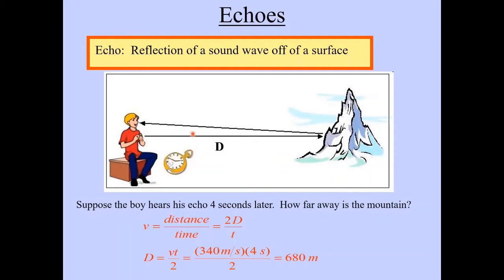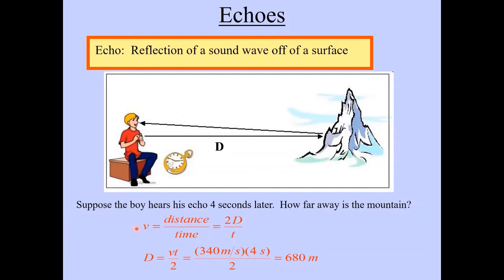So the sound wave travels distance d to this mountain here, and it bounces off, and then it comes back the same distance, d again, and he hears it sometime later. So suppose the boy hears his echo 4 seconds later. How far away is the mountain? This is a way that we can use sound as a sort of echolocation device to measure the distance to a faraway surface.